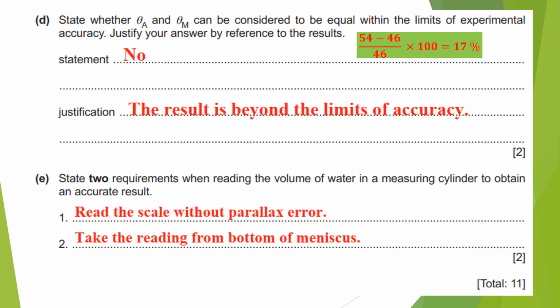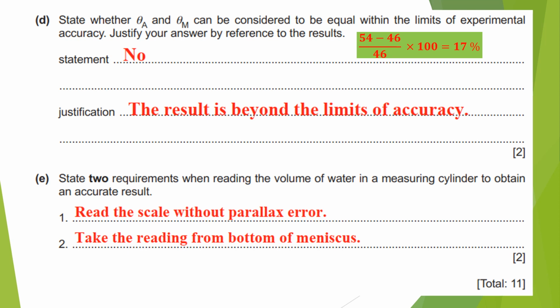So question D, state whether theta A, that is the average temperature, and theta M, that is the mixture temperature recorded by the student, can be considered to be equal within the limits of experimental accuracy. Justify your answer by reference to the results.